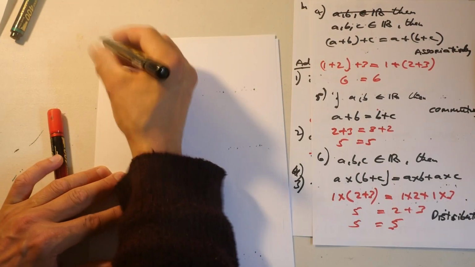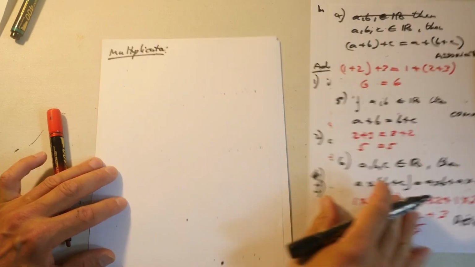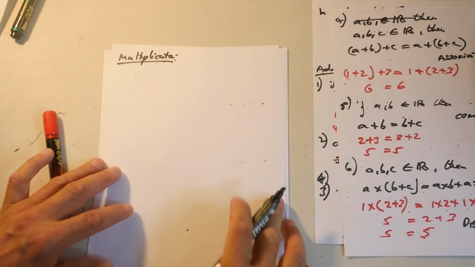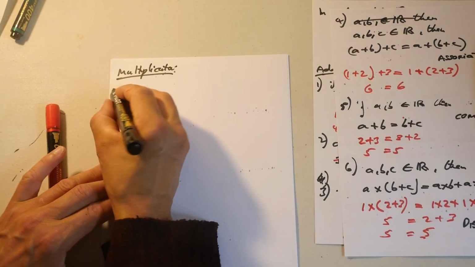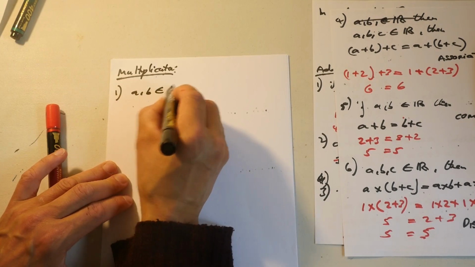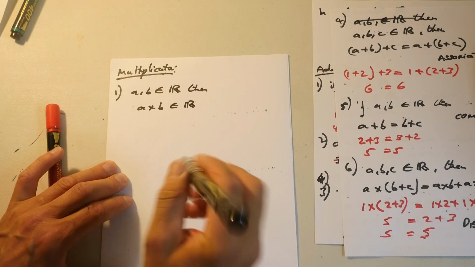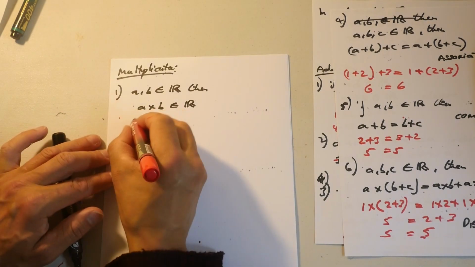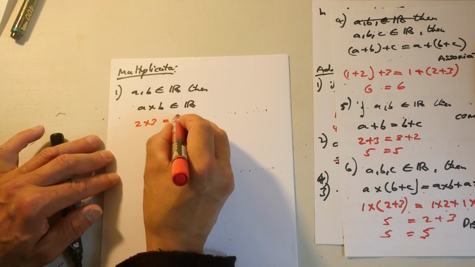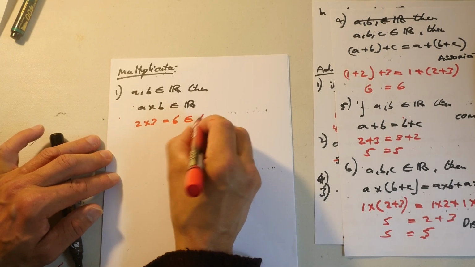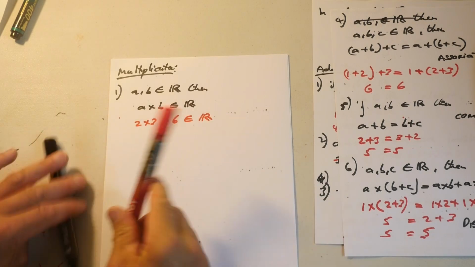And then under multiplication, same properties occur, except there's one less. So, for example, 2 times 3 equals 6, which is a member of R. Okay?